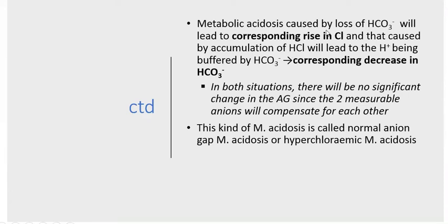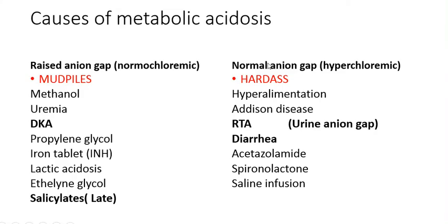So the situation is such that you have a loss of bicarb. There's going to be an increase in chloride. An increase in chloride is called hyperchloremic state. So this type of metabolic acidosis is going to cause hyperchloremia. So it's a hyperchloremic metabolic acidosis, right?